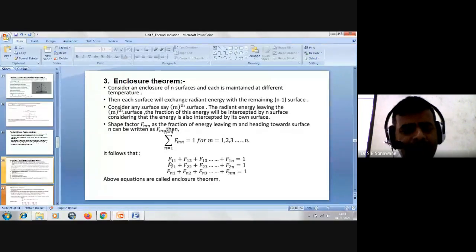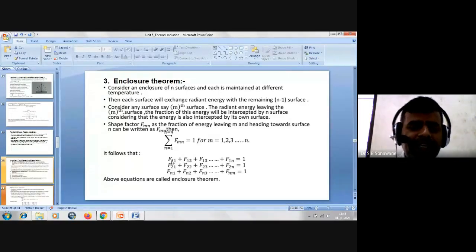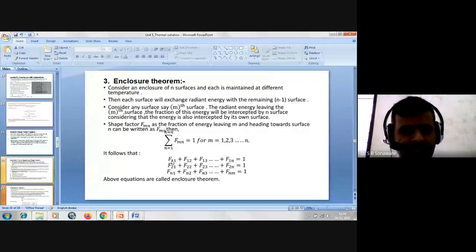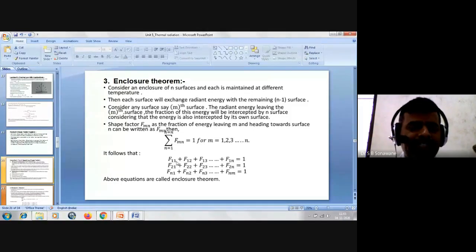It tells that out of the amount of energy emitted by surface 1, some fraction of the energy is directly intercepted by the surface itself. Whatever amount of energy is emitted, a fraction is directly intercepted on itself.